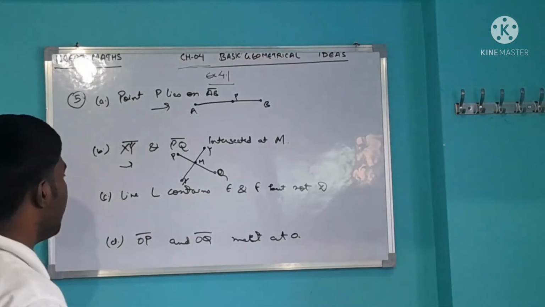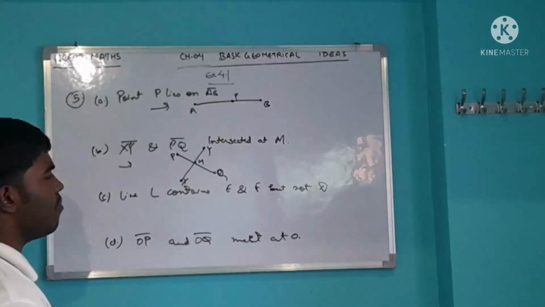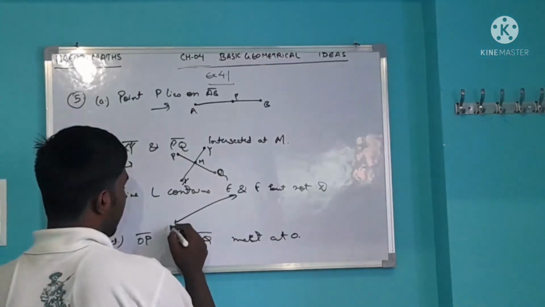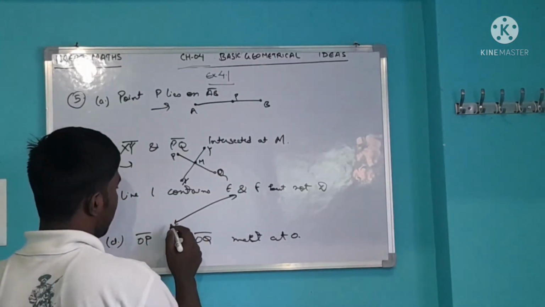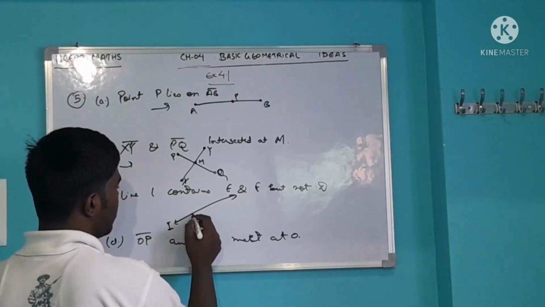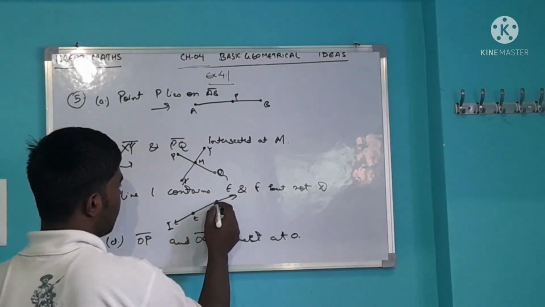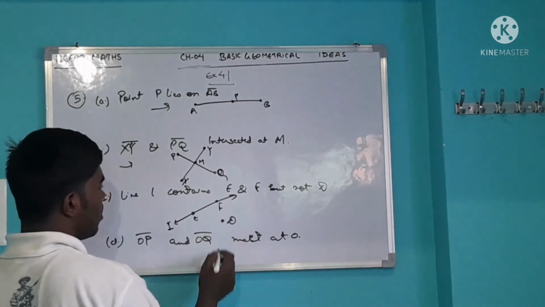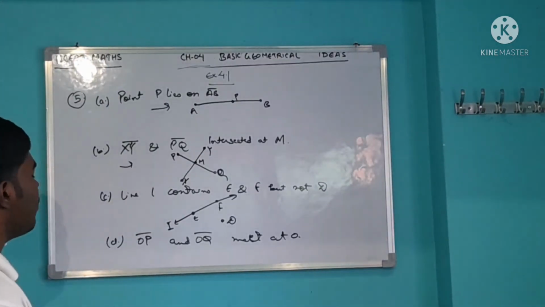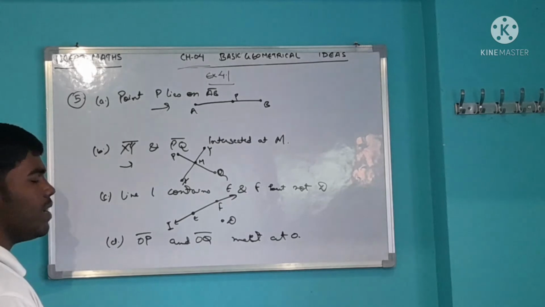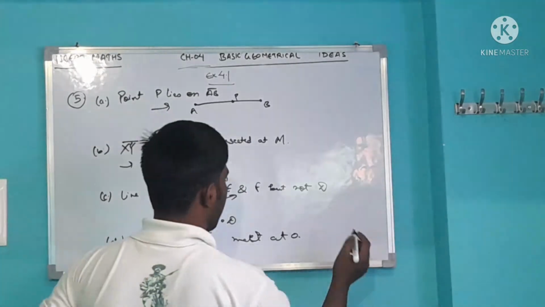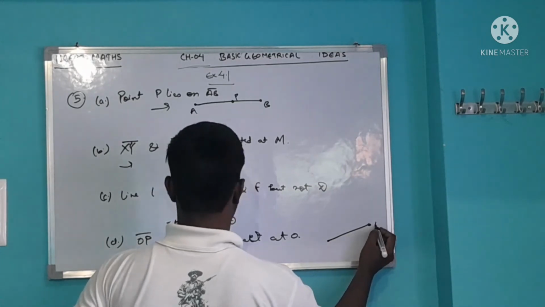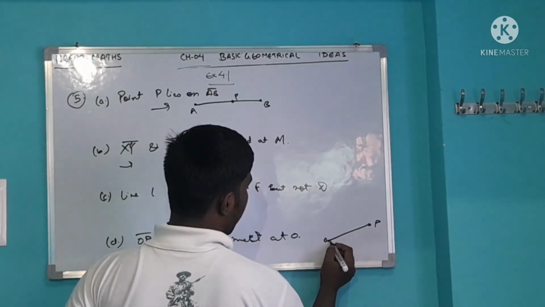In C part we have line L contains E and F but not D. So we have a line L, which has points E and F but not D. So anywhere outside this line we mark as D. In D part we have OP and OQ meet at O. We have OP and OQ.